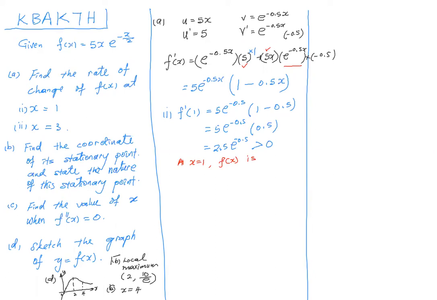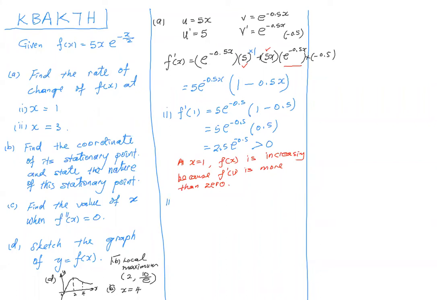So f(x) is increasing because f prime 1 is more than 0. So that is how you interpret. Although the question didn't say, I add it in to tell myself. Next time, if got question like that, I'm able to answer.